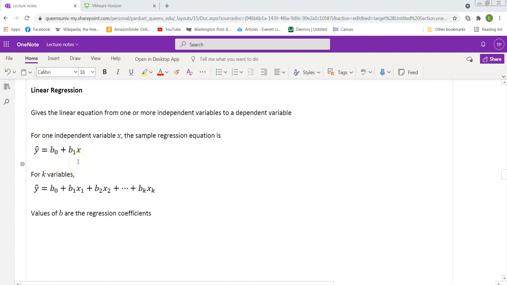But it doesn't have to be just one independent variable. We can have any number of independent variables, and when we do that, we call it b naught plus b1 x1 plus b2 times x2. Our variables are x1, x2 up through xk, and our coefficients are b naught, b1, b2 on up to bk. And we still have the y hat to show that this is built based on sample data.